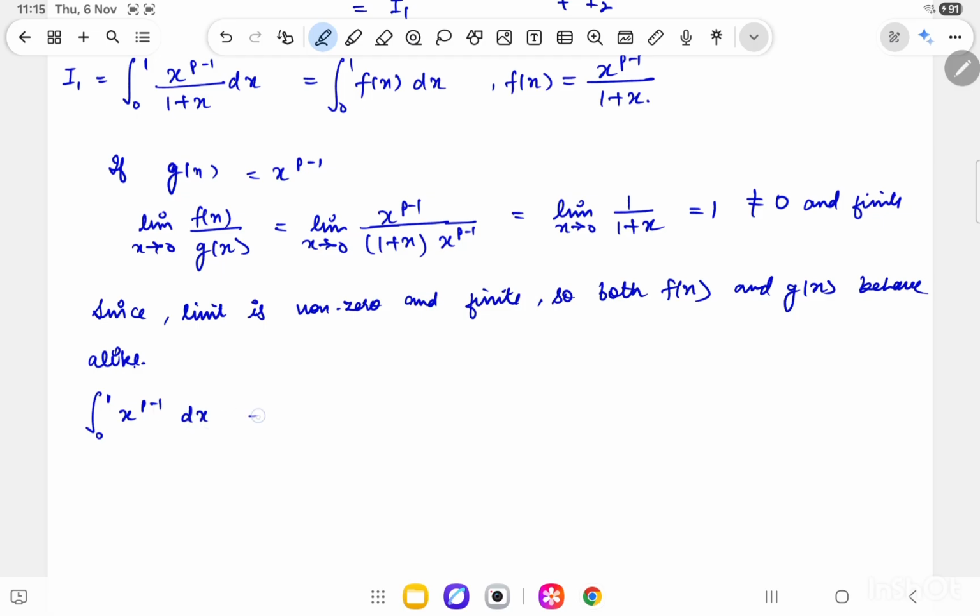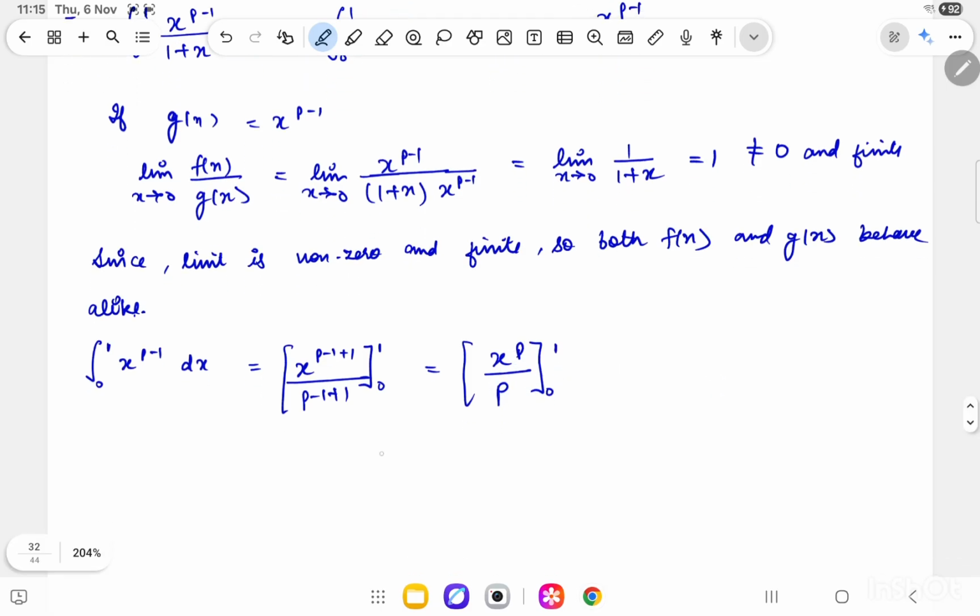If I integrate it, it will be x raised to p minus 1 plus 1, with limits from 0 to 1, divided by p minus 1 plus 1, which is x raised to p divided by p, with limits from 0 to 1.